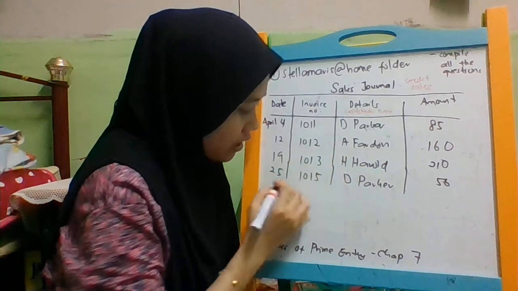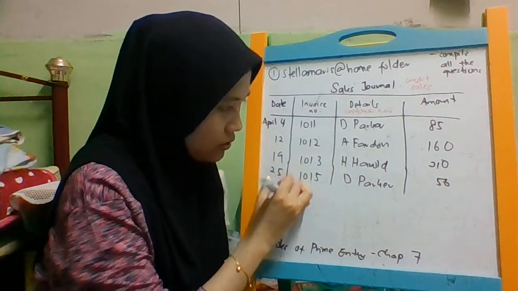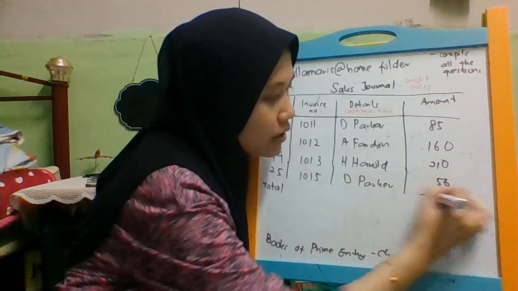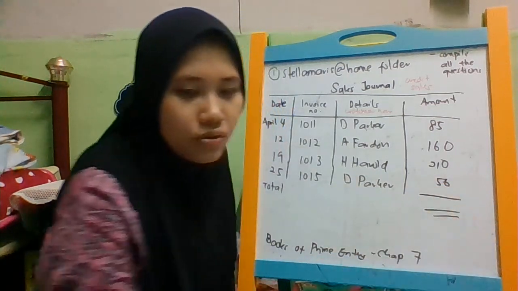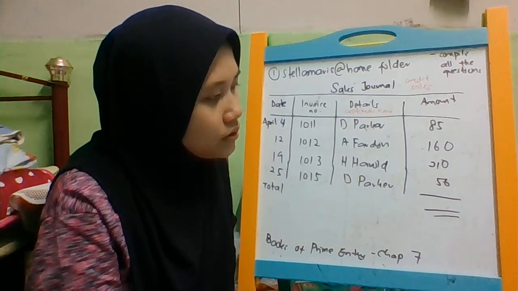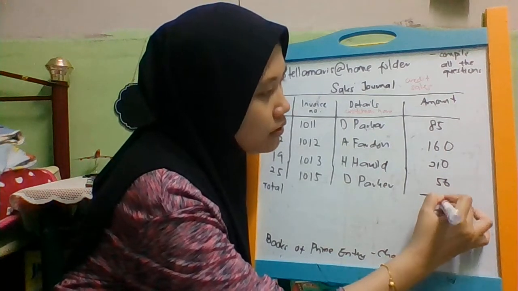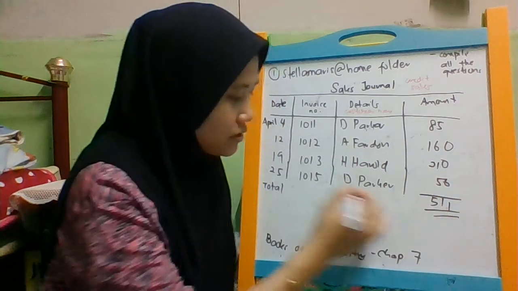After you key in everything, you have to put the total here. The total is only for the amount, so the total here should be 511.